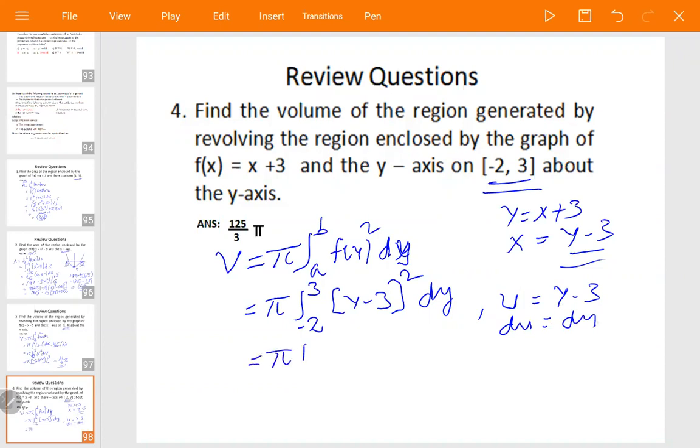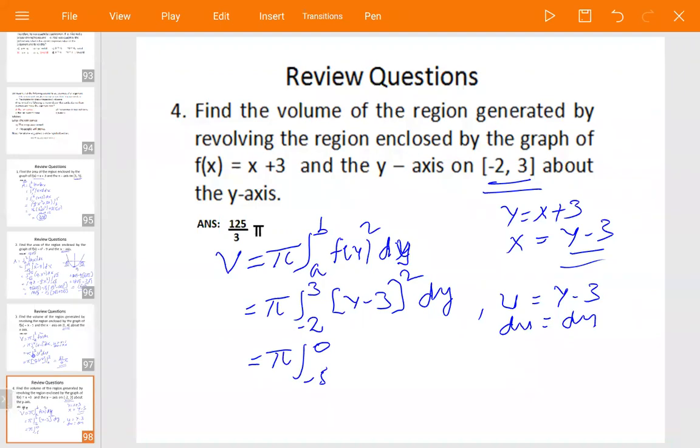So pi times, when y is negative 2, u becomes negative 5. When y is 3, 3 minus 3 is 0. So the lower limit of integration will be negative 5 and the upper limit of integration will be 0.